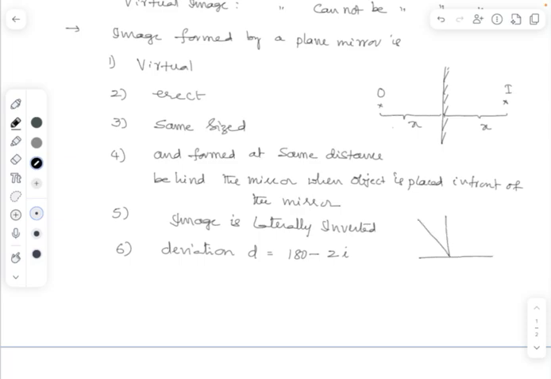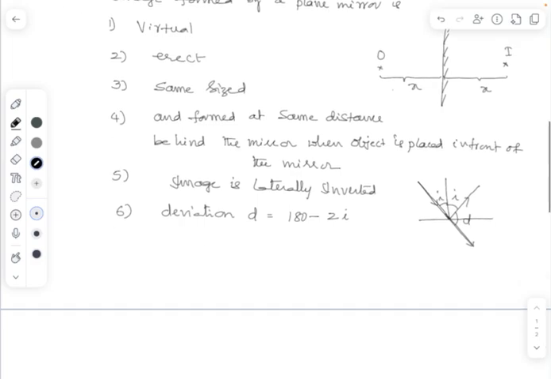This is the incident ray, this is reflected ray, this is i, this is also equal to i. Deviation means angle between incident ray and reflected ray equal to 180 minus 2i.